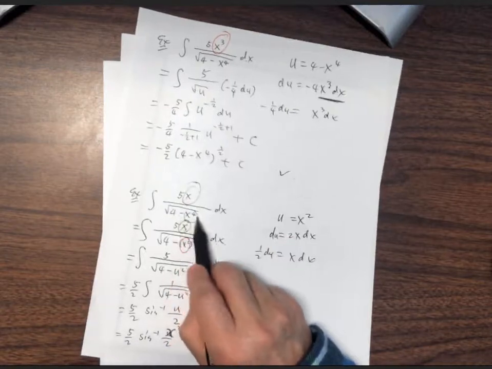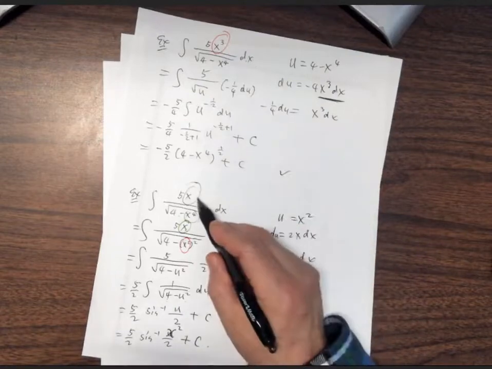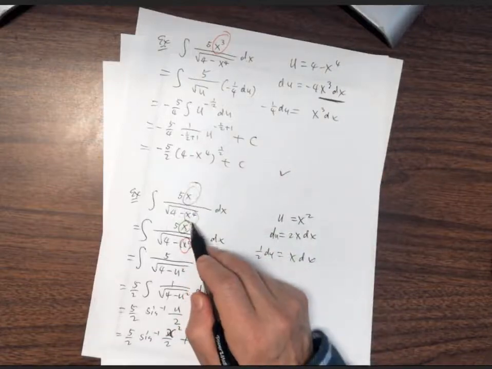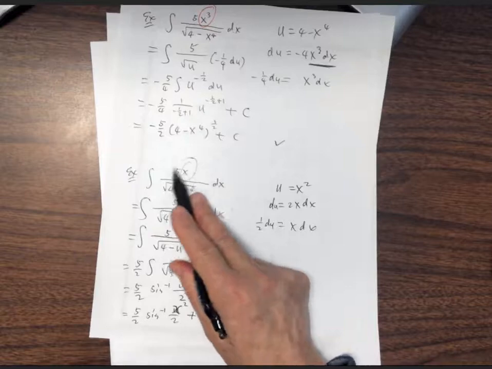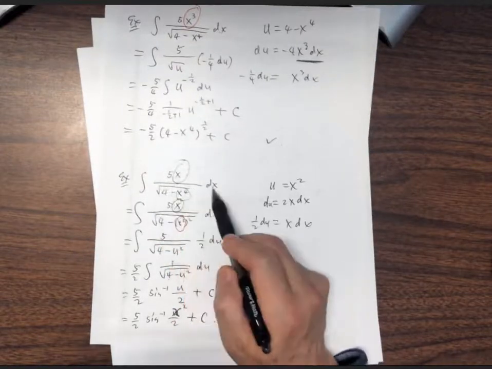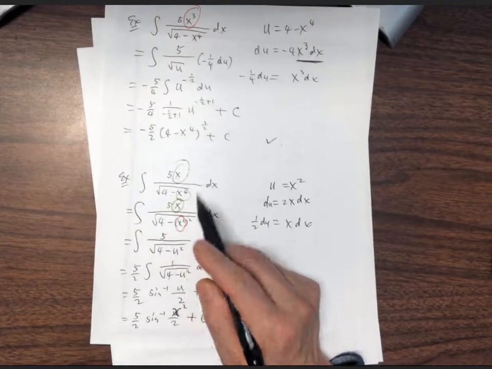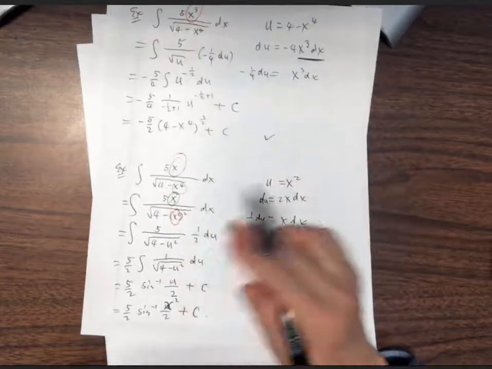You check the supporting factor. A perfect supporting factor would be the third power, right? Well, we don't have that. So this problem turns out, because it's a special function, a fraction with a radical, we try to say, hey, can we turn this into 4 minus u squared? Inverse sine in mind, the formula. So this works out.